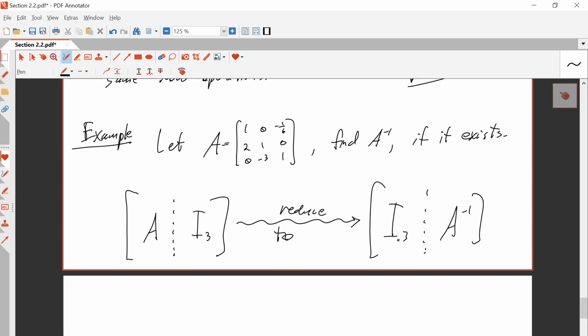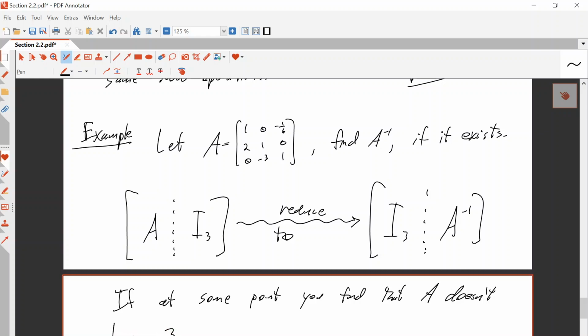If at some point you don't have enough pivots, then you know there is no inverse. If at some point you find that A doesn't have 3 pivots, then you know that A inverse doesn't exist.